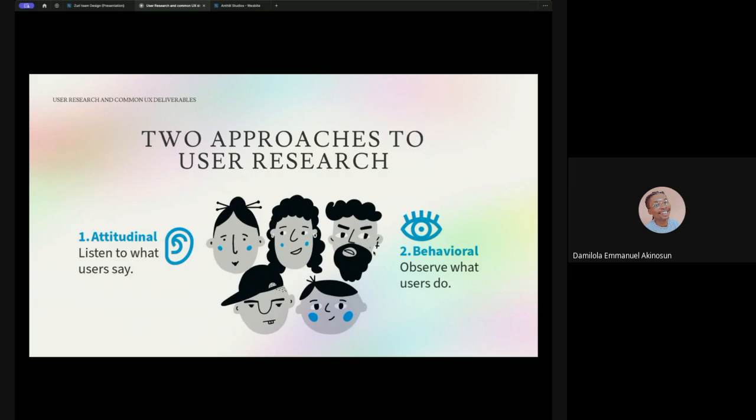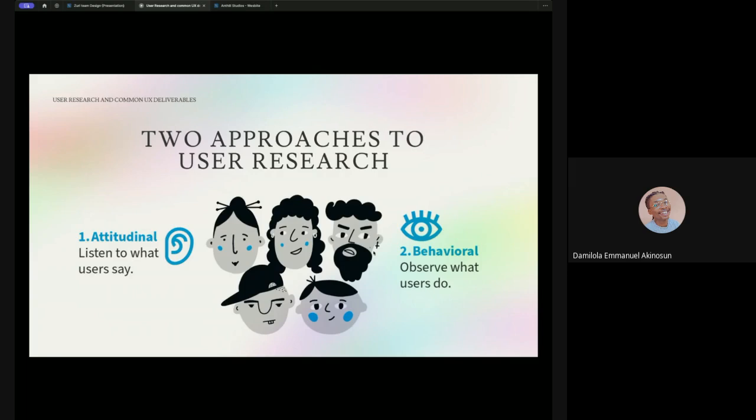So if we are studying a select group of people and we're telling them, use these products and we want to observe you use them, basically they are going to be doing everything that they do and we are watching them. We're going to read their body language, their expressions, basically observe everything that they do, right?